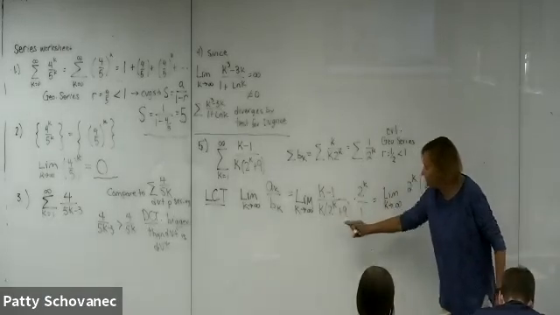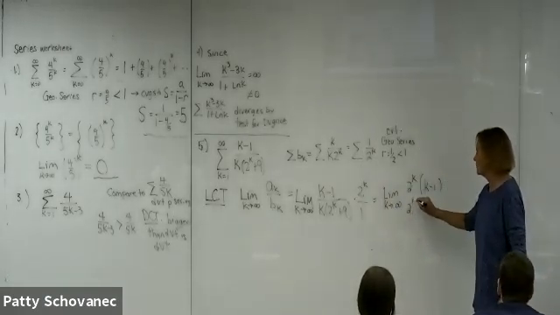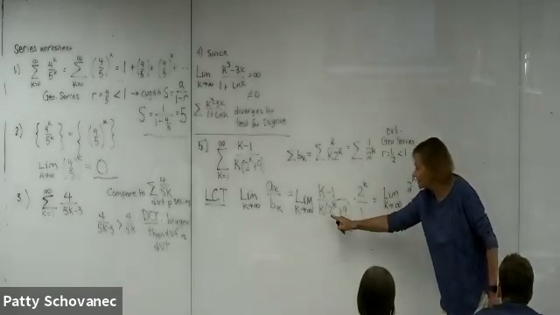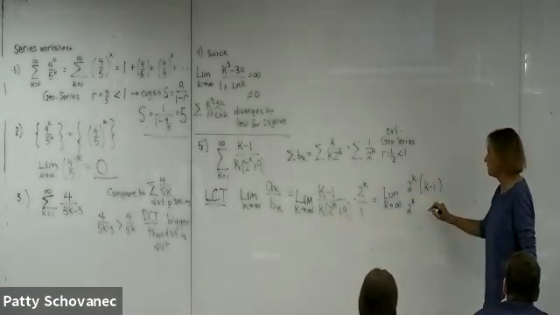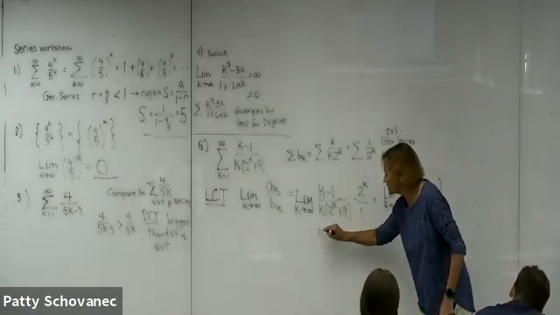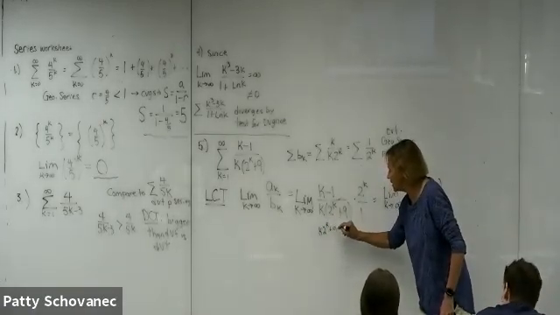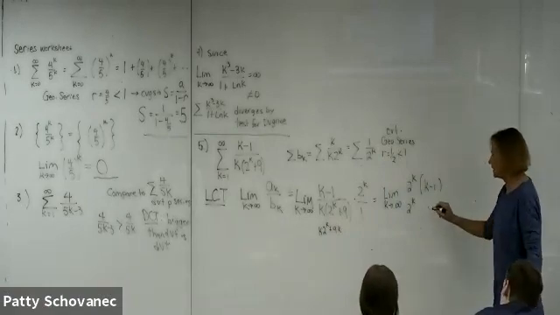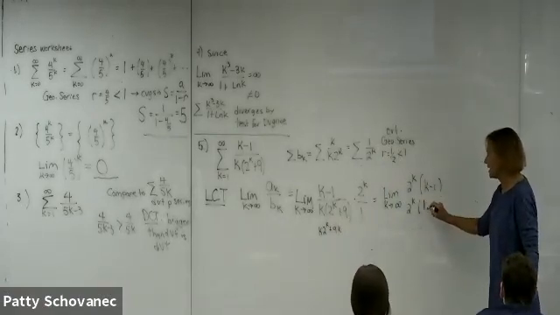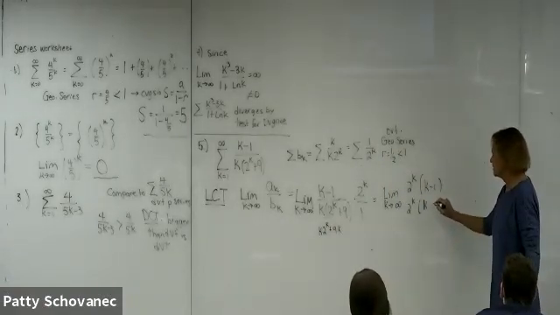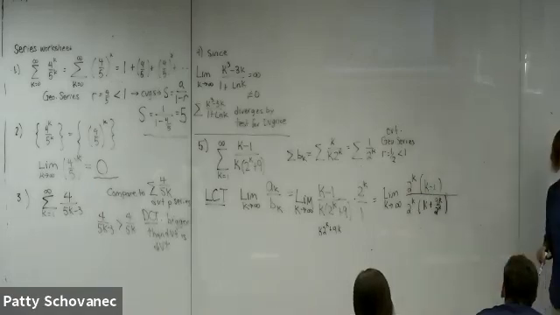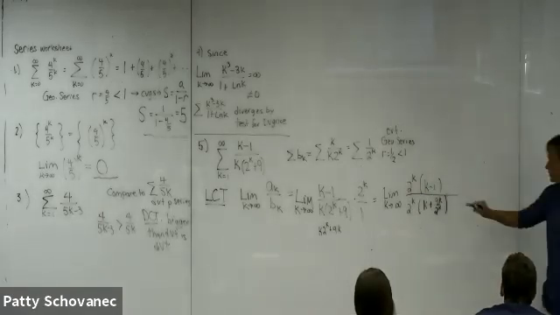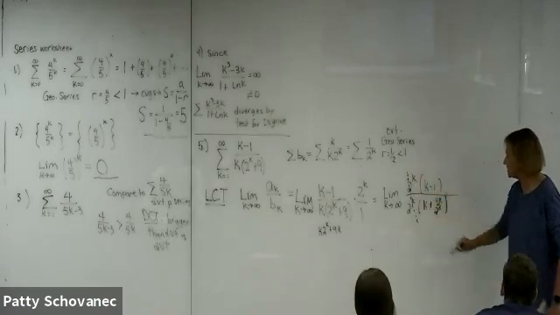If I factor it out on the bottom, that's k 2 to the k plus 9k, so I'm going to get a k plus 9k over 2 to the k. The 2 to the k's cancel.